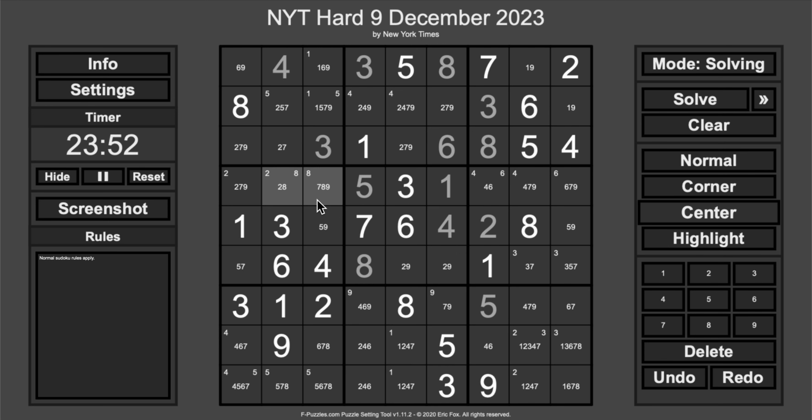Eight is in one of these. So wanted that to be 2, 7. It isn't.